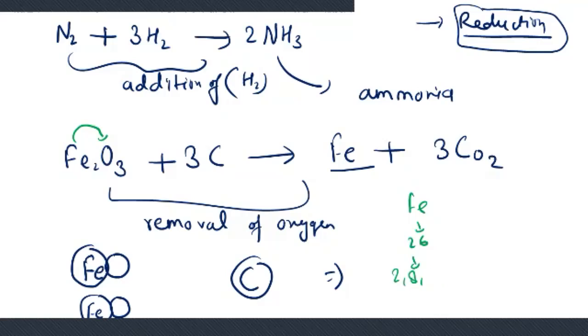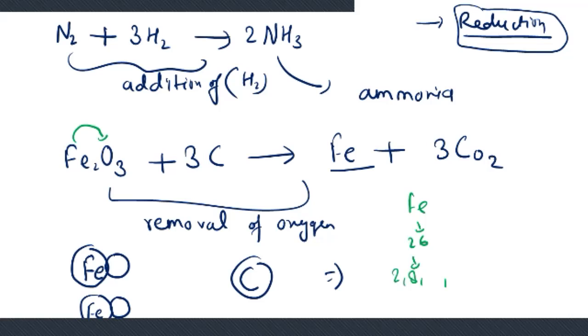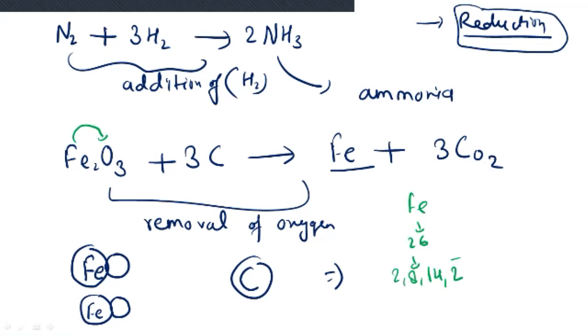Then I cannot take 18, but I can take 8, then it will be 18, and last, can someone help me with the electronic configuration of iron? Okay, I got this. It has a rare combination, that is 14 and 2. I don't know how this is happening. Okay, I will check this and get back to everyone.